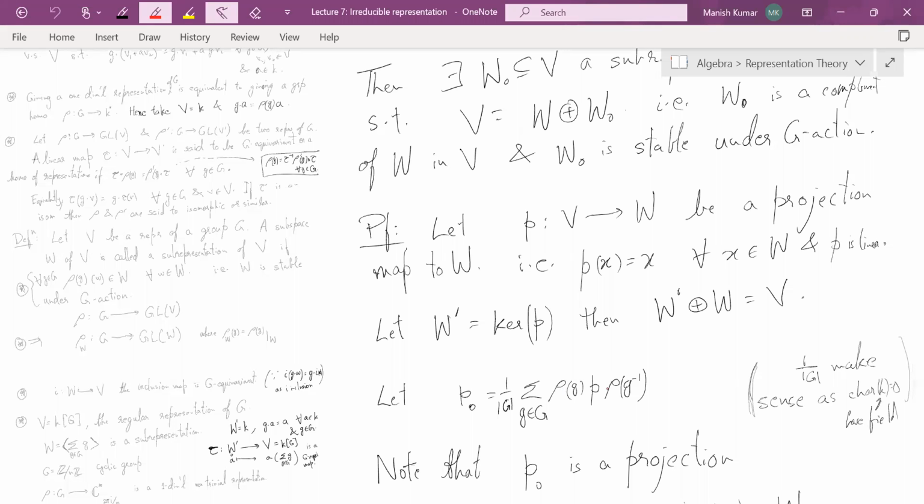Then you divide by the order of G to make sure that it's a projection.